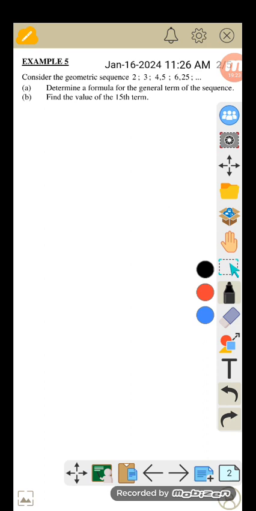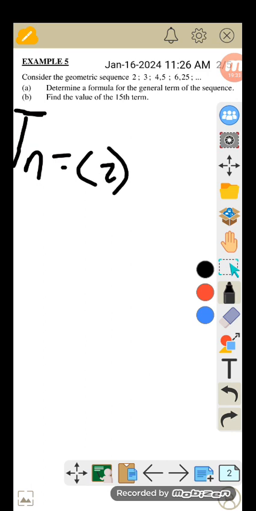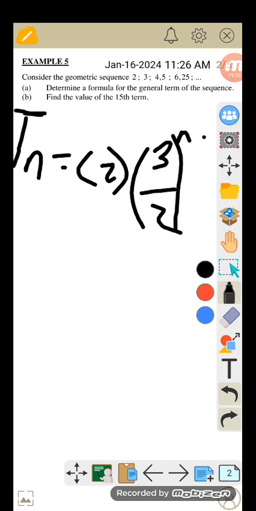Remember, my general formula is like this: Tn is equal to 2 multiplied by 3 over 2 to the exponent n minus 1.